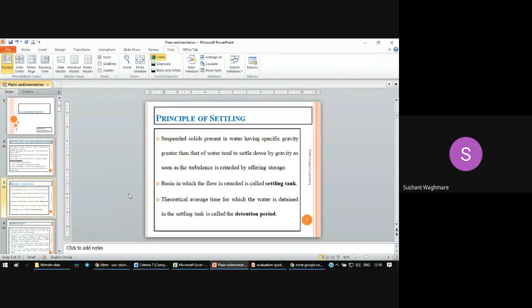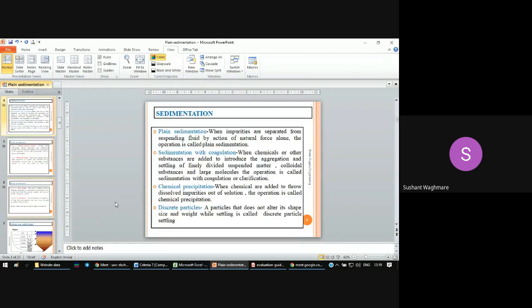Detention period is the time where the water is allowed to be steady in the given tank. So if I say the detention time is 2 hours, that means once the tank is completely filled with water, there will not be any inflow or outflow from the tank for a period of 2 hours. This is what we call the detention period.